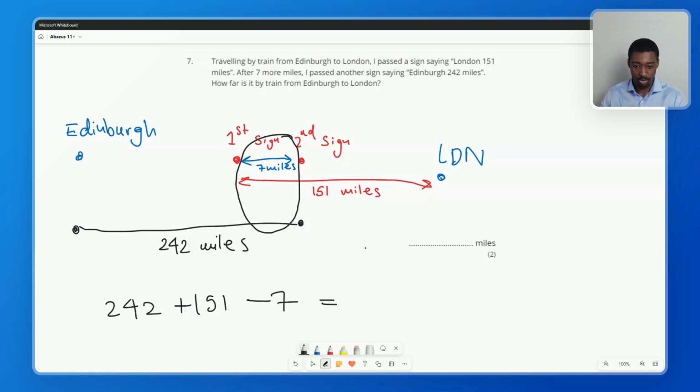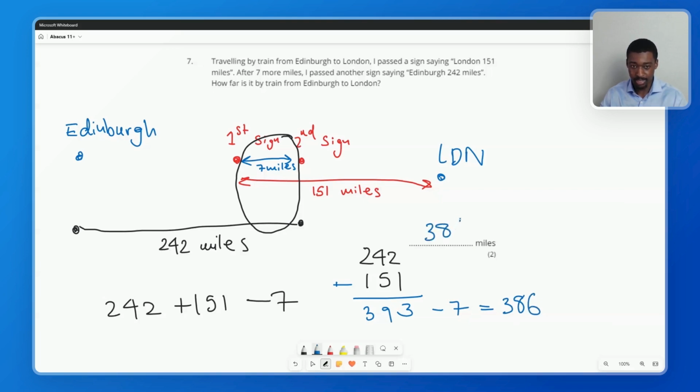So we can work this out. 242 plus 151 gives us 393. Then we take away 7, and this gives us 386. So it's 386 miles to get from Edinburgh to London by train. And that is our answer.